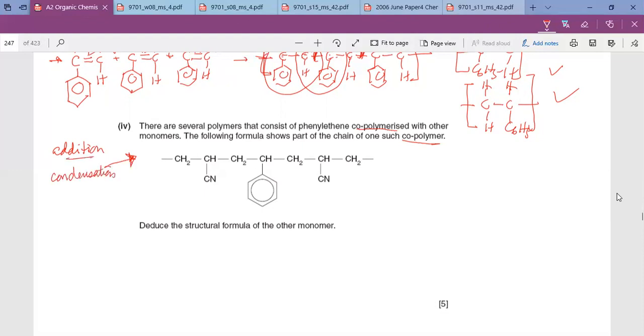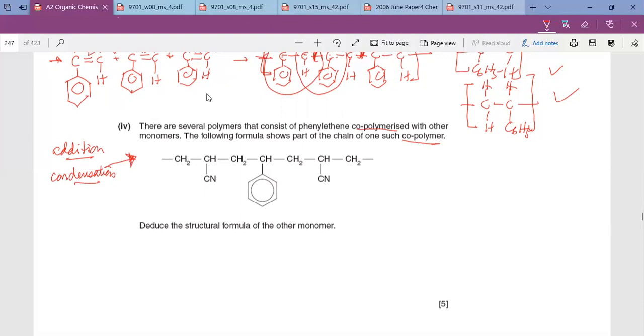Very simple. I'm going to take you into another question, which I don't know whether I should. I'll do it now. Let me take you to the other one, which is on page 259. I use it for my Form 5, because they should know how to do it, it's common sense.